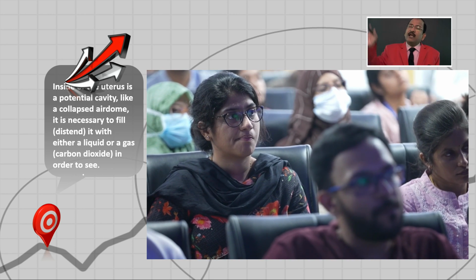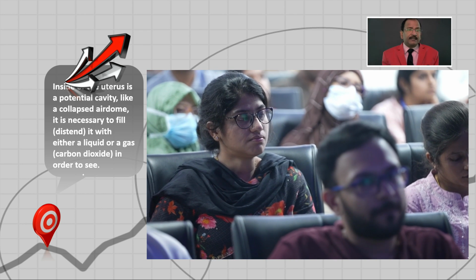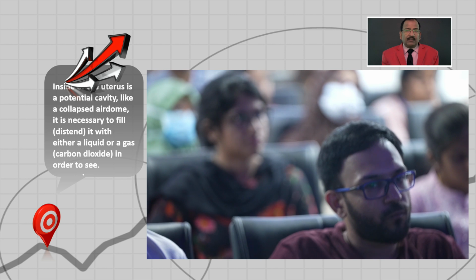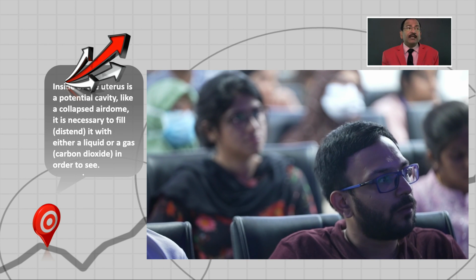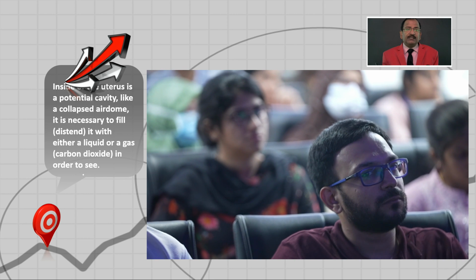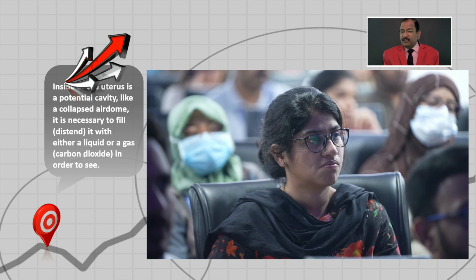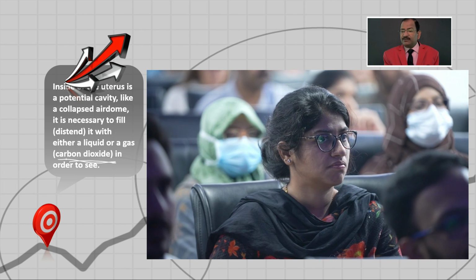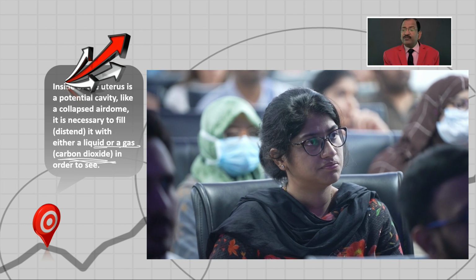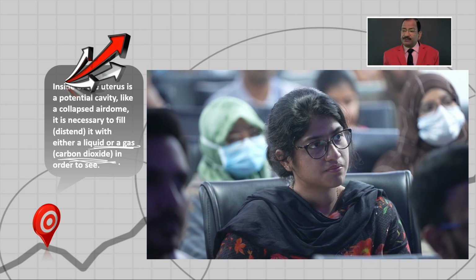You can just hang up a bottle, and with gravity itself, the bladder will distend. But the uterus is a tight, collapsed air dome like cavity, which needs very much hard manual distension. Initially carbon dioxide was also used, but now different fluids are used, which I will discuss later.